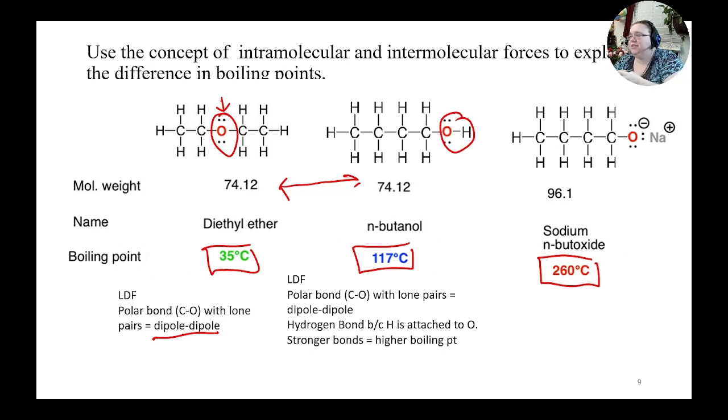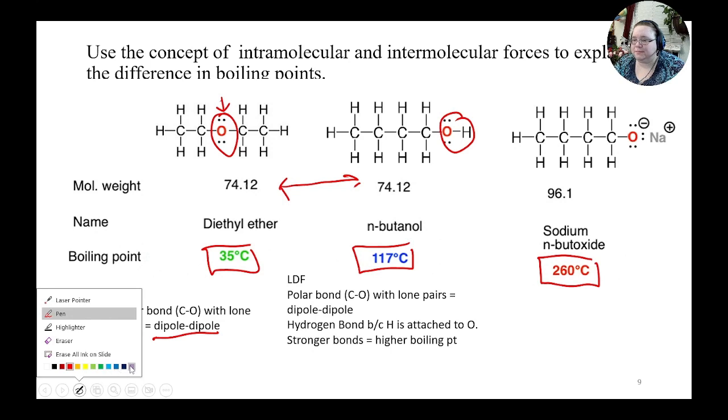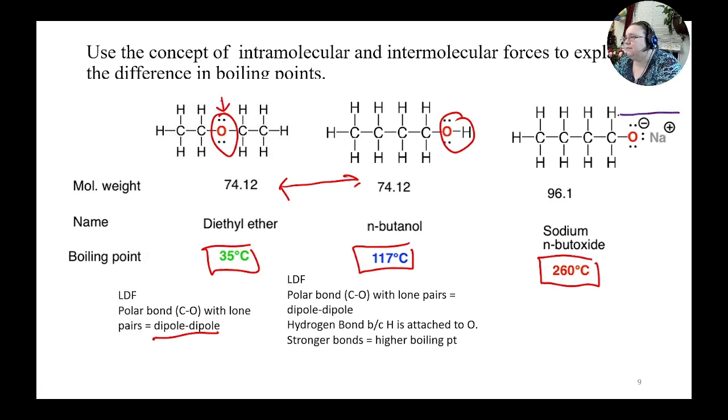So if I look at the last substance, it's got a slight increase in mass, but really not enough to explain almost doubling my melting and boiling point. Technically boiling point. But notice, we have an ionic bond occurring. That's what that O minus and Na plus is trying to illustrate.